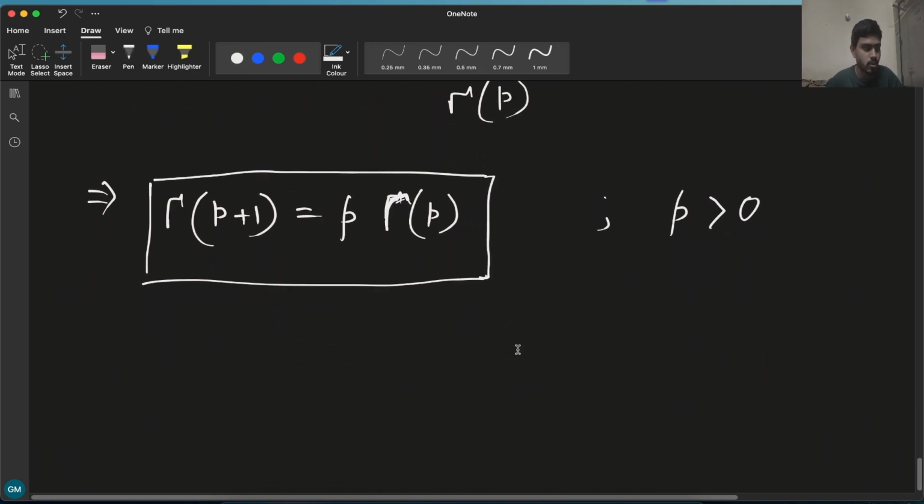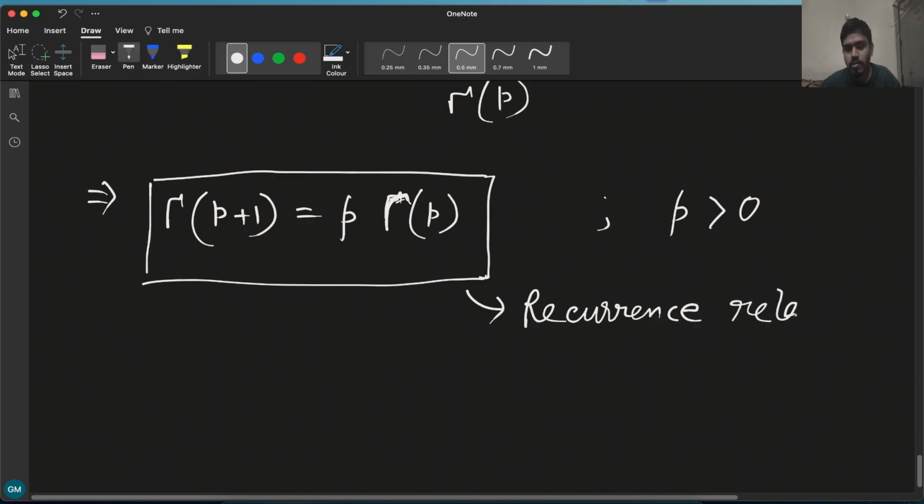Okay, so this is a recurrence relation for the gamma function. What do we mean by recurrence relation? It basically says that if we are given this gamma function at some value of p, and we are asked to find the value of this gamma function at p plus 1, then how can we find it?